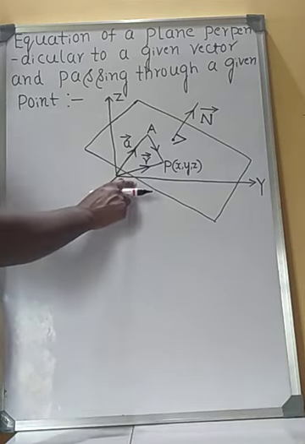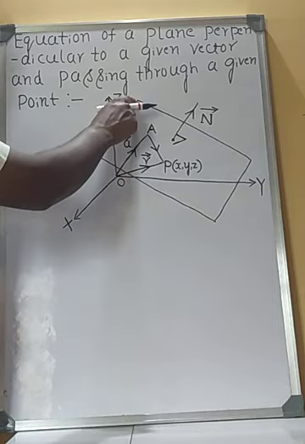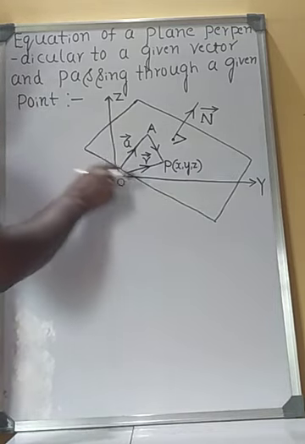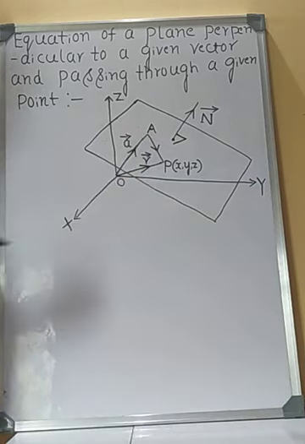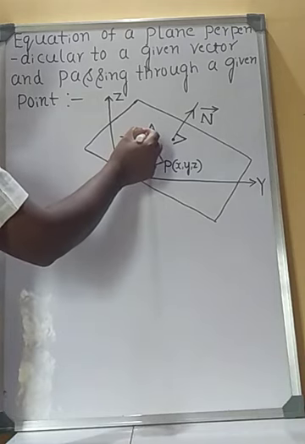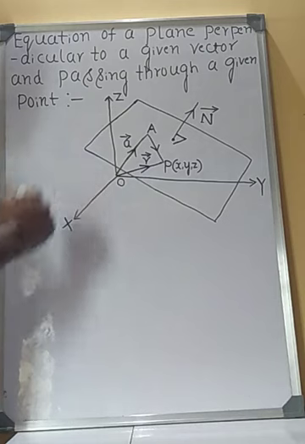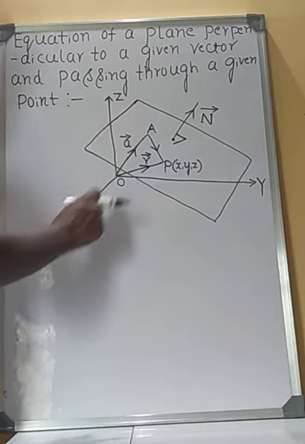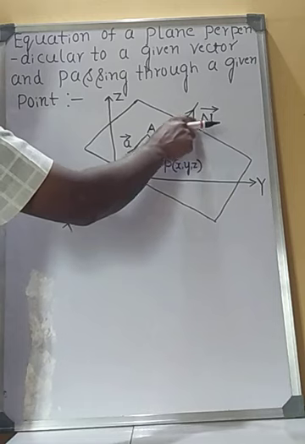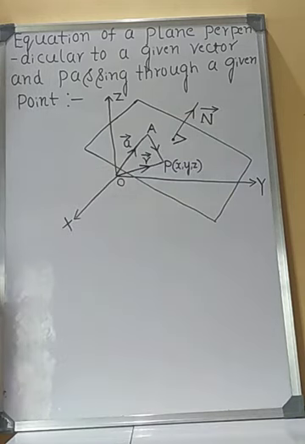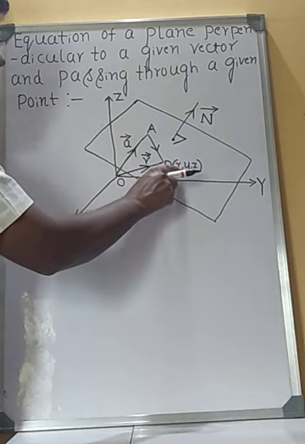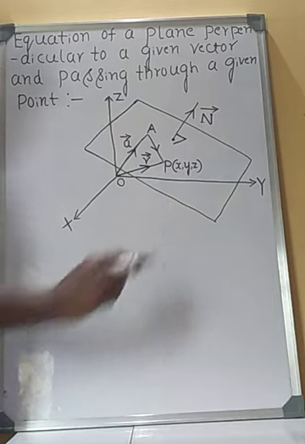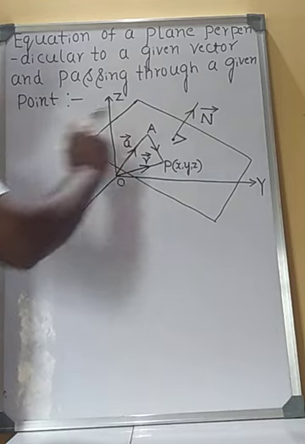Here in this figure, let this be a plane. The plane passes through a point A with position vector a vector and is perpendicular to the given vector n vector. Let r vector be the position vector of the point P(x, y, z) in the plane.